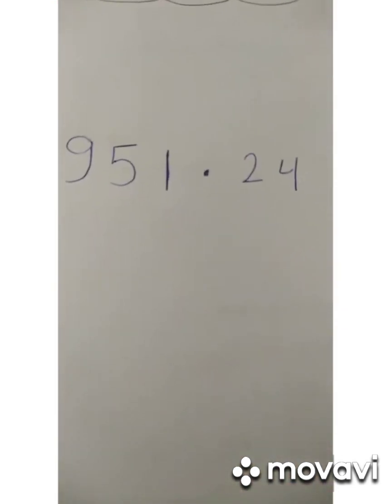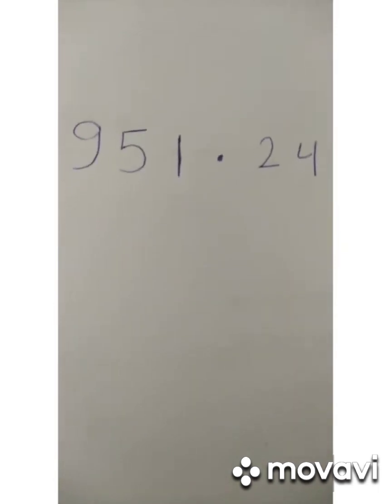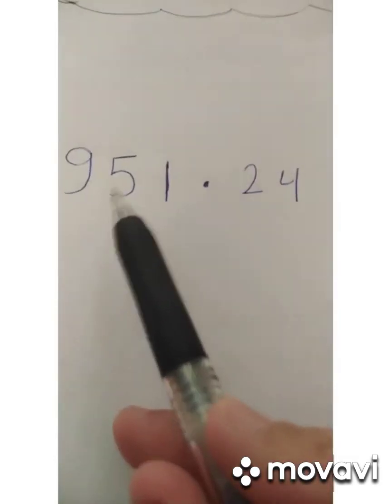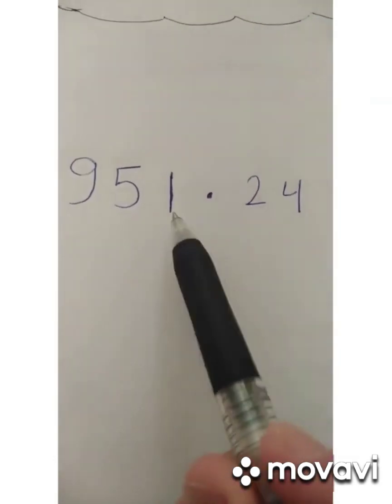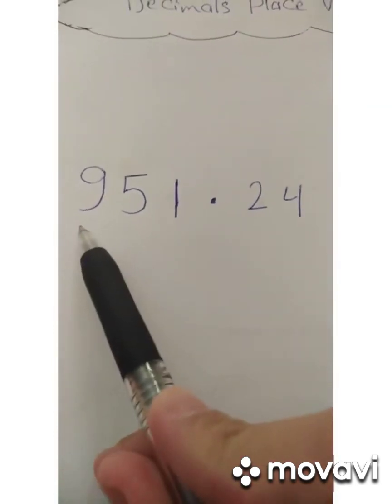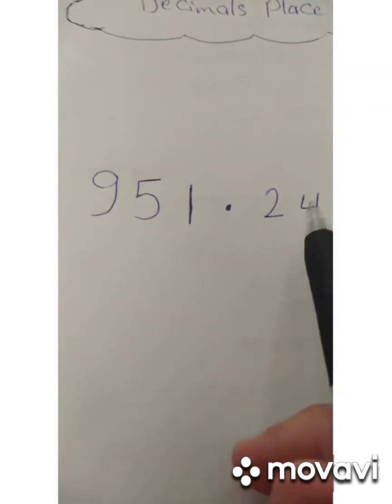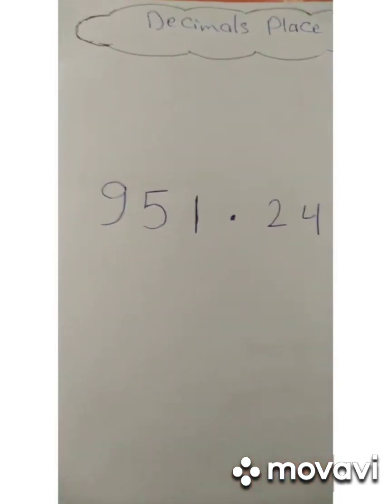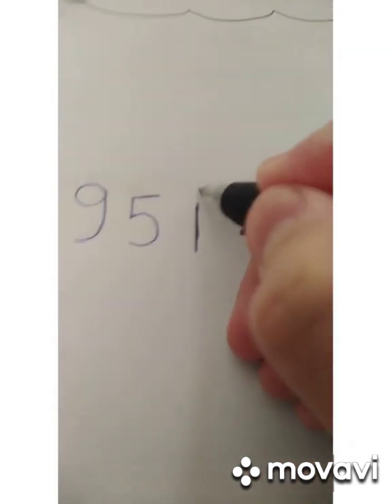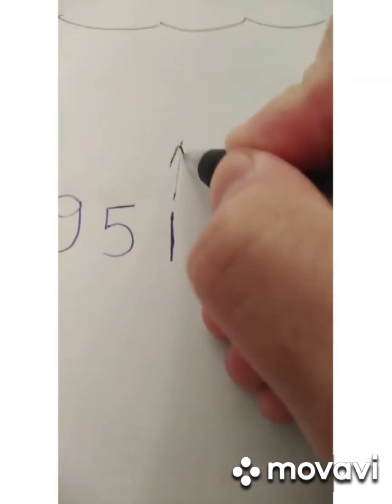Decimals place value. If we have a decimal number like 951 and 24 hundredths, this number consists of how many digits? Yes, 1, 2, 3, 4, 5. It consists of 5 digits. If we want to name the place of this digit, what is the name?